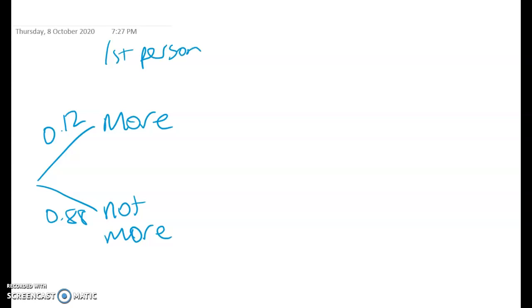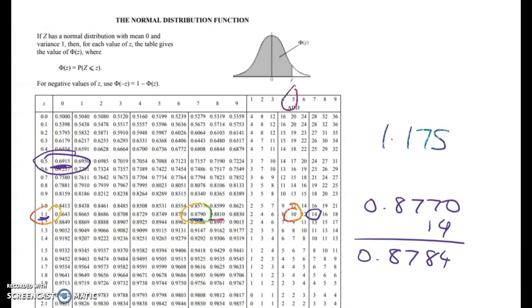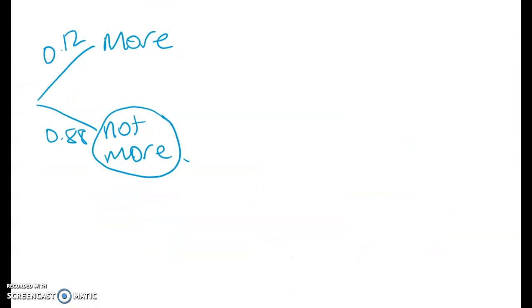We want to know how many people will give us the probability that no one takes more than t minutes to cook an egg. So what we've got is this tree, and we want to be following down the not more branch every time until we've got to our last person.